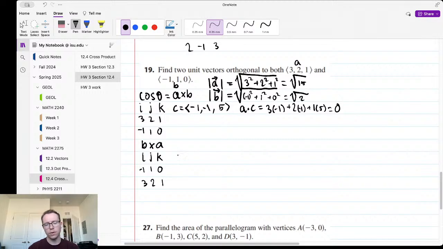And then I'll show you, if anybody cares, why that one needs to be negative. It's just because it's supposed to be I minus J plus K, just for whatever reason.